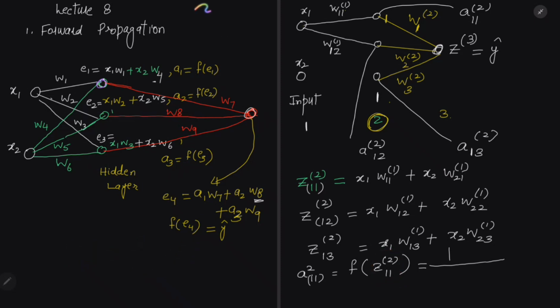So we get 1 plus e raised to power. Since we don't know the value, we replace the value of z11 with all the values on the right hand side. So we get minus x1 w11 plus x2 w121. We put that value over here. We get A211.